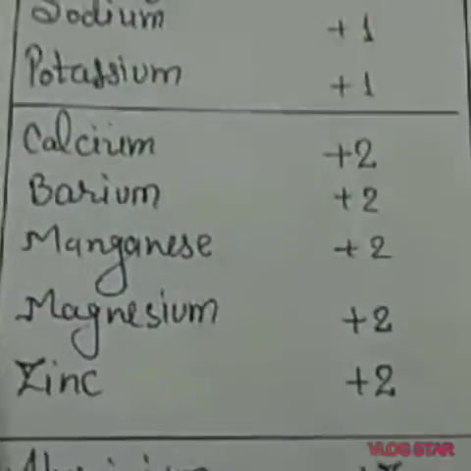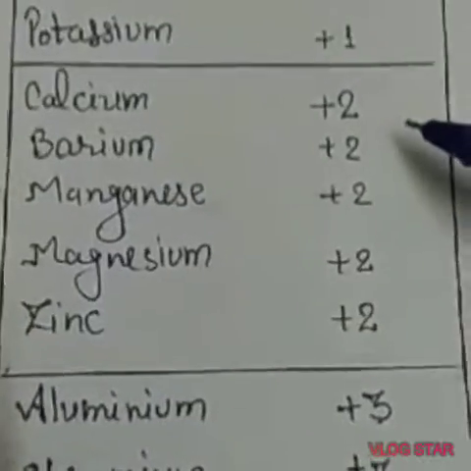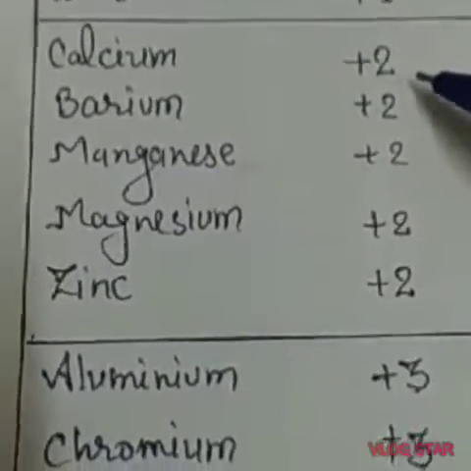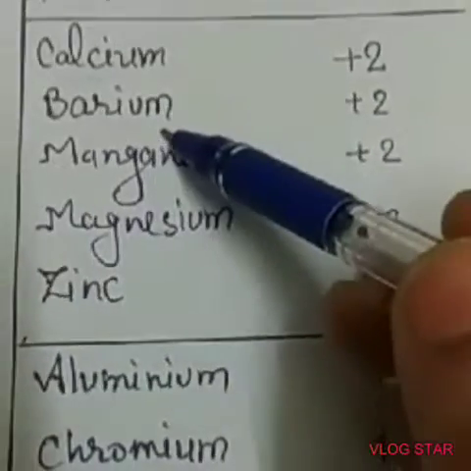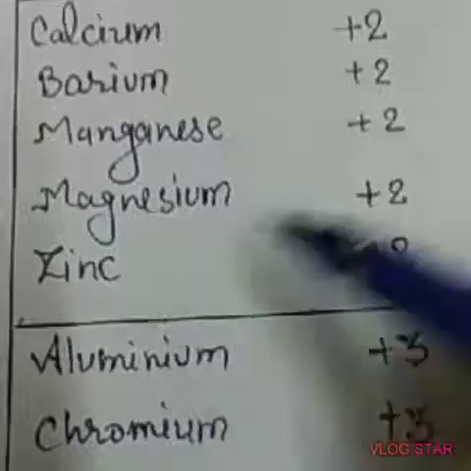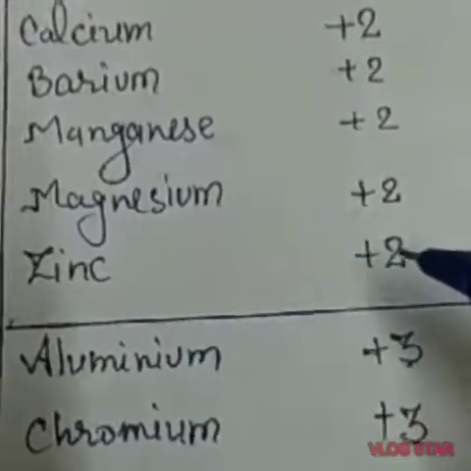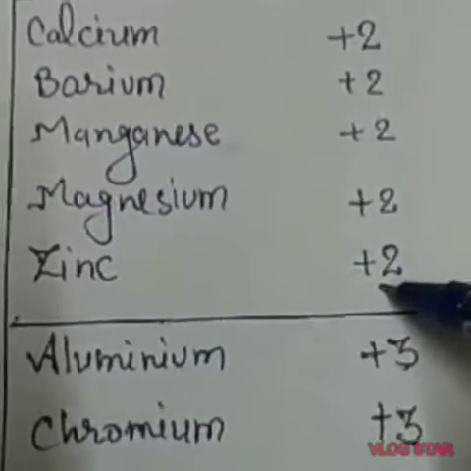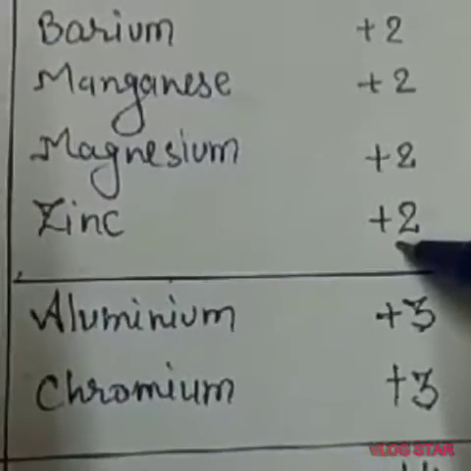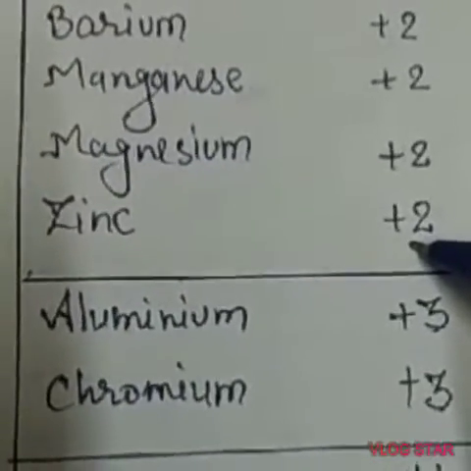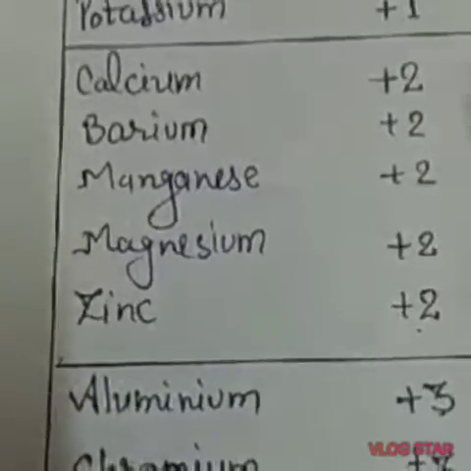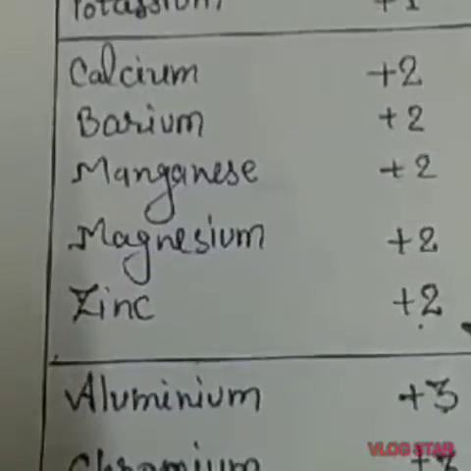For calcium, valency of calcium is +2. It means it has 2 electrons in its outermost shell. Valency of barium is also +2. For magnesium, zinc, valency of these elements is +2. It means they have 2 electrons in their outermost shell, and by donating these 2 electrons, they can complete their octet.